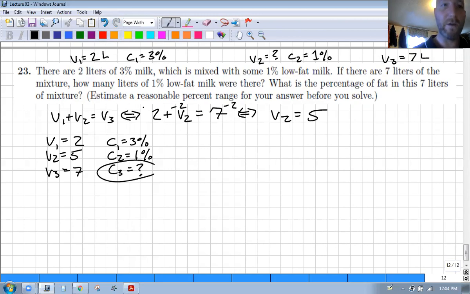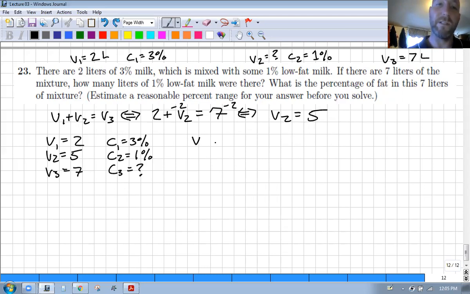So how do we get our C3 here? They don't even ask for it. All they ask for is how many liters of 1% low-fat milk were there. There's 5 liters. That's our volume 2. But let's solve and see what our concentration for the mixture is.